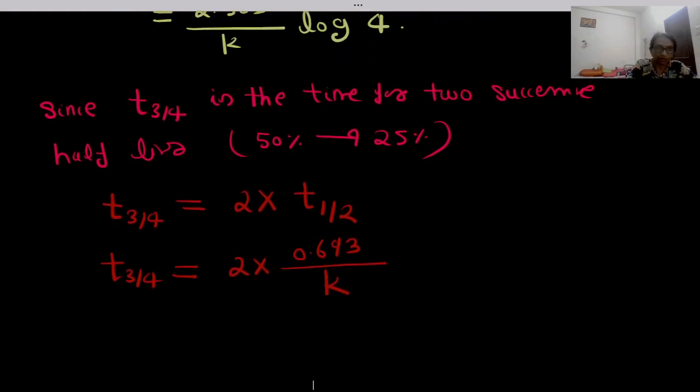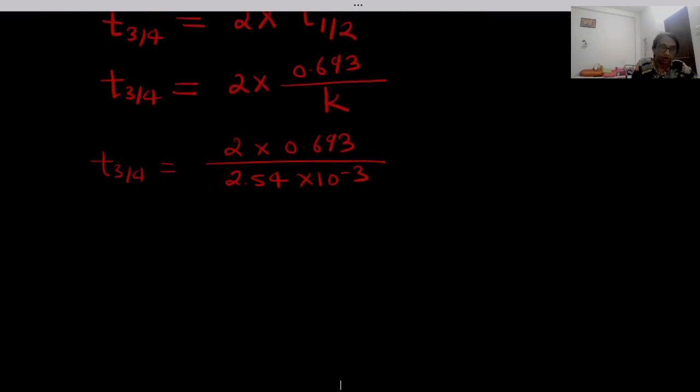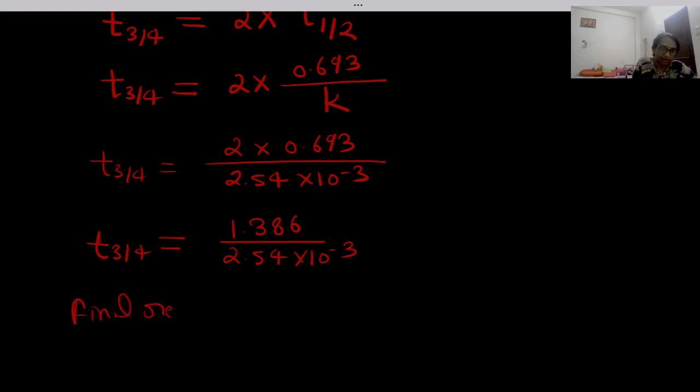Now calculation using this method: t 3/4 is equal to 2 into 0.693 upon K. Put the value of K, which is given in your question. Now solve this equation and we will get the value of the 3/4 life: 1.386 upon 2.54 into 10 to the power minus 3.